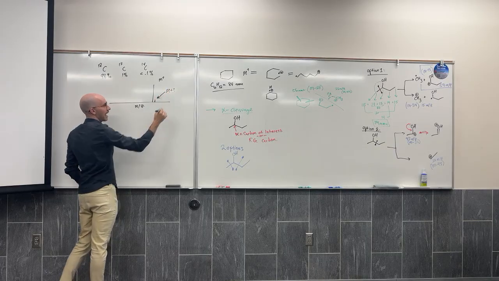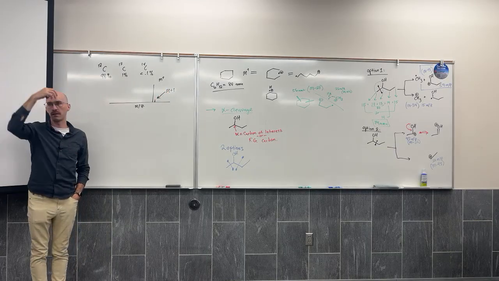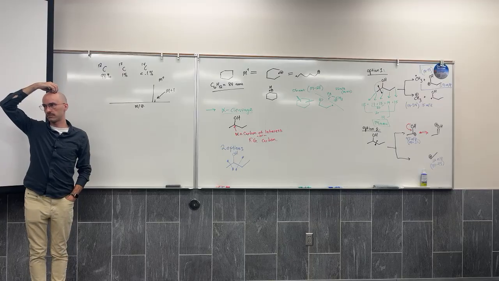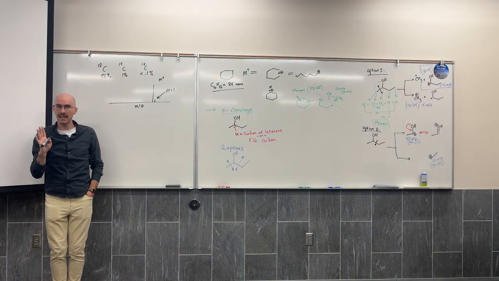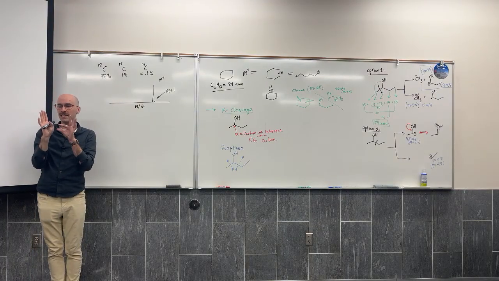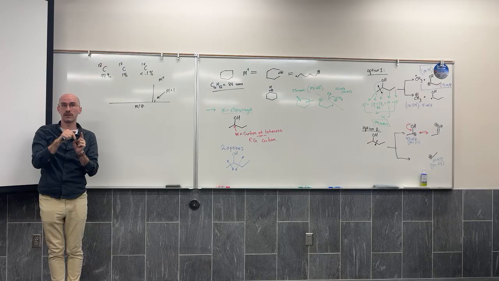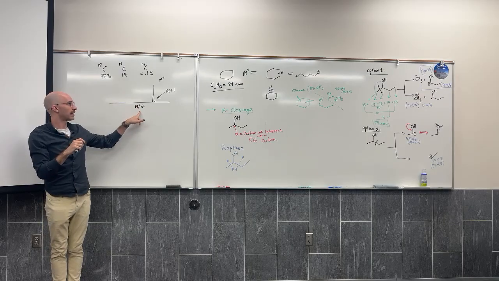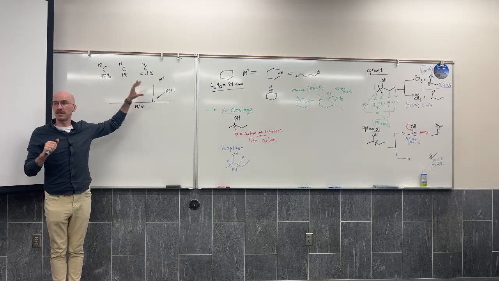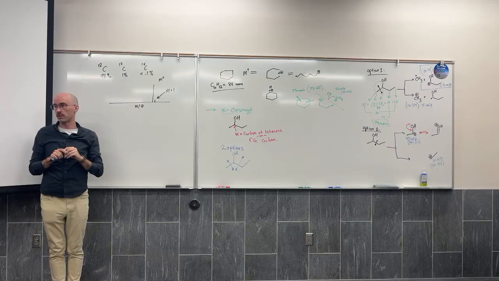And so we call that an M+1 signal. It's the lightest isotope of carbon mixed in with little bits of heavier isotopes of carbon that show up at a heavier mass per charge. This is what we call an isotopic cluster.